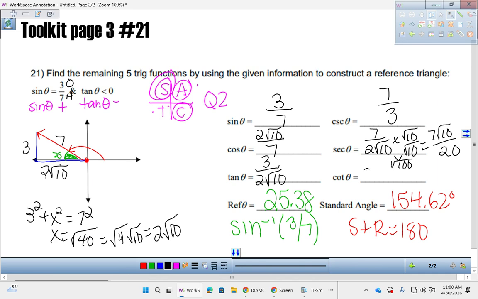And cotangent is the flip of that. And I'm just going to rationalize this one. 3 root 10 over 2 times root 100, which is 2 times 10, which is 20.